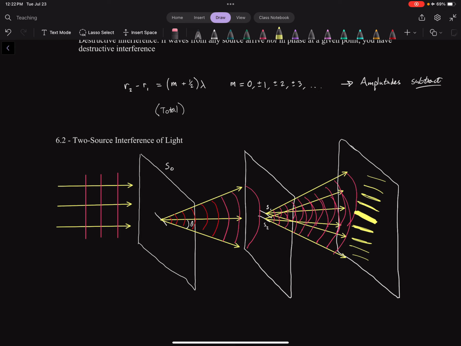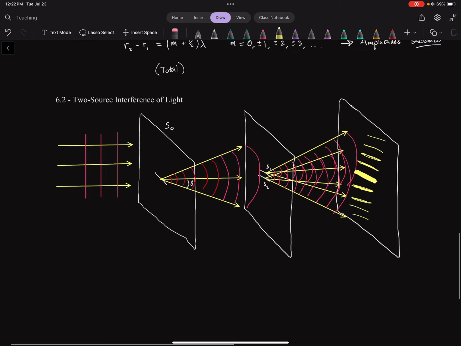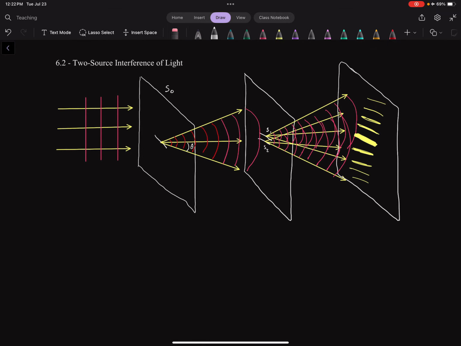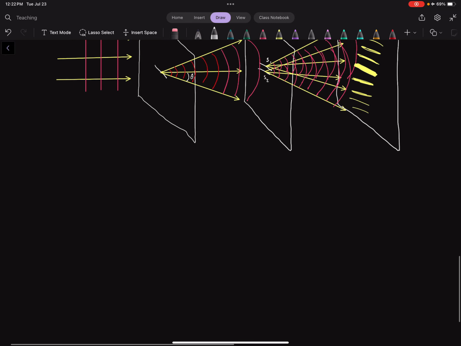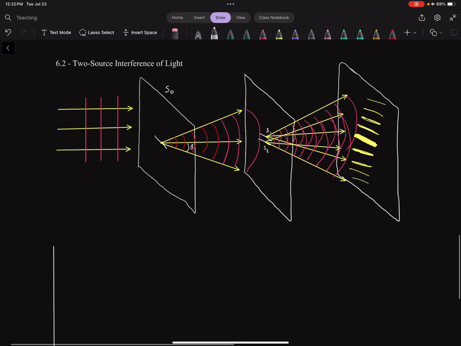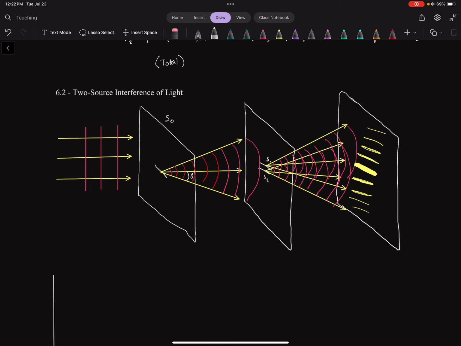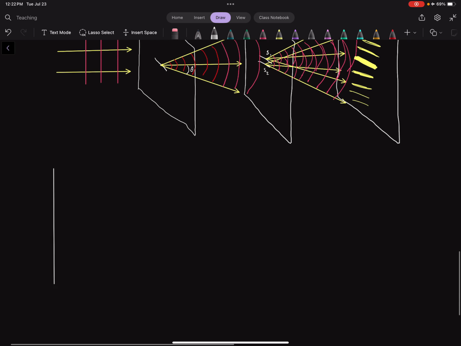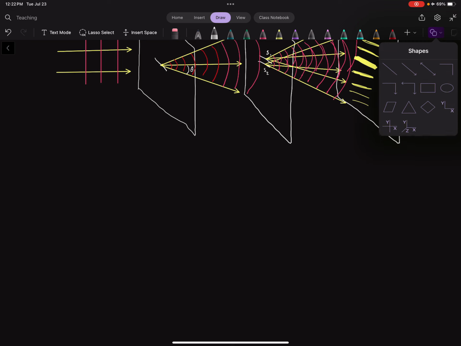So let's kind of examine this from the angles a little bit more instead of this qualitative picture. So let's say we have here, I'll redo that.